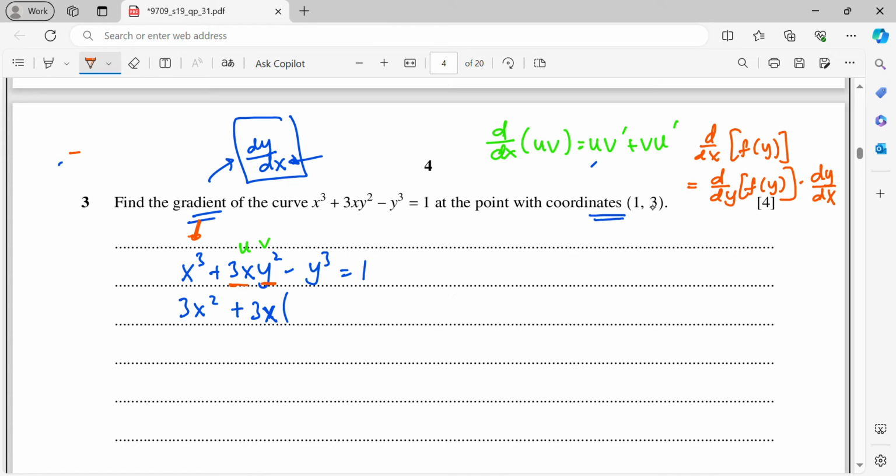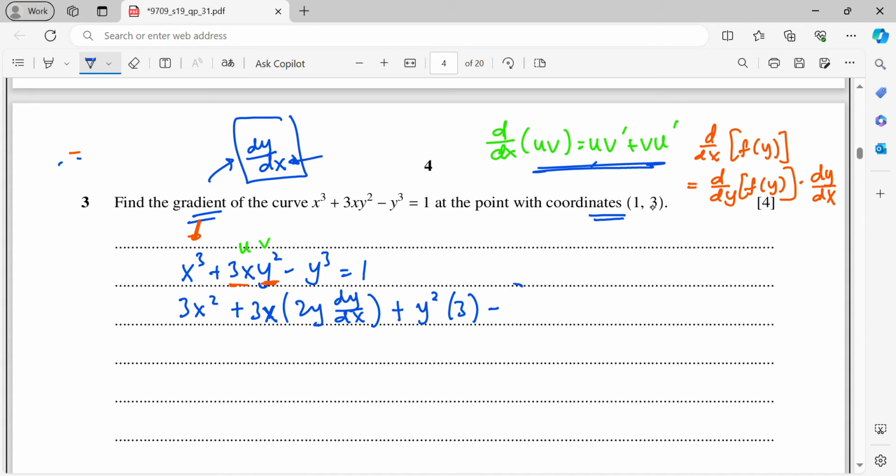So when I differentiate y squared with respect to y, that is going to be 2y, then times dy over dx by referring to the orange color formula. Then that is my v prime. Plus, now refer back to the product rule, keep the v, so keep y squared, and differentiate 3x, that is going to be 3.